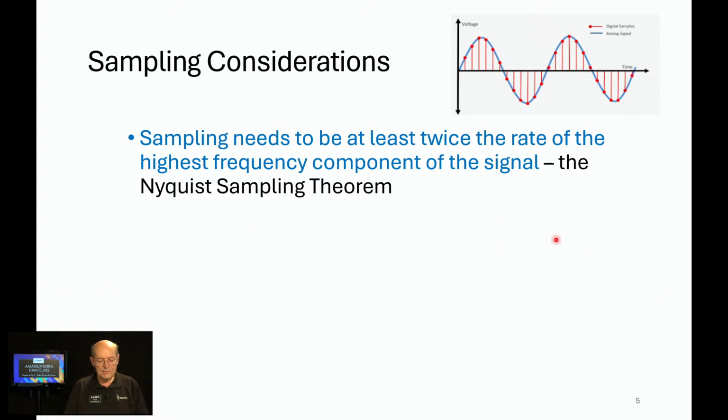It has to be sampled at twice that rate in order for the audio to be reproduced faithfully. What normally happens is that most sampling is what they call oversampled, so it's much faster than that. Twice the rate is the absolute minimum.